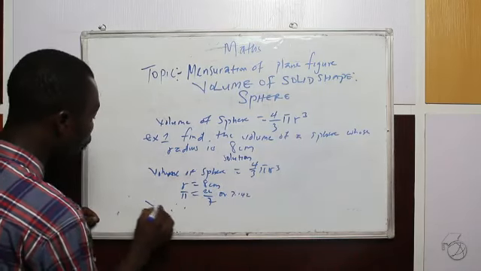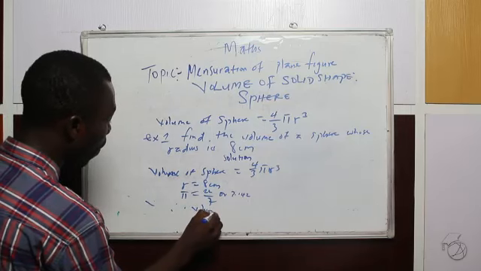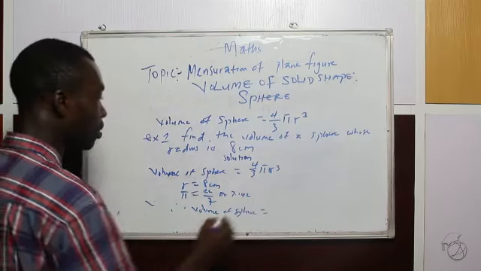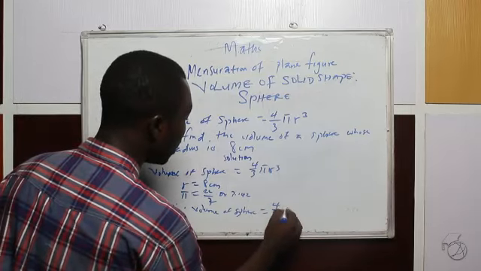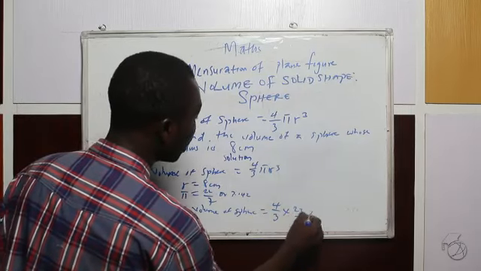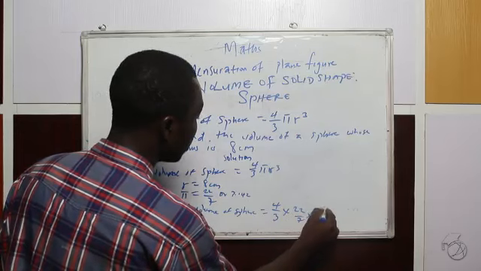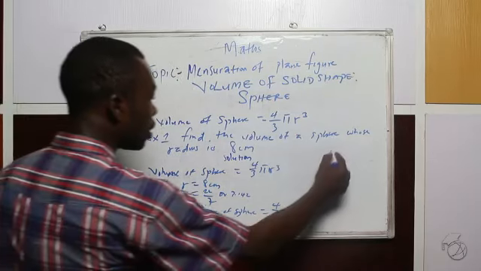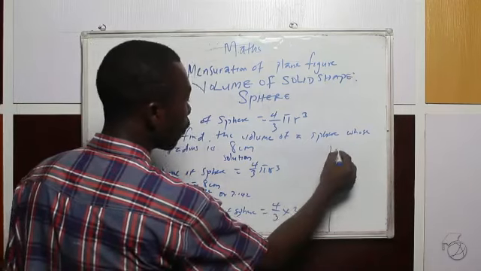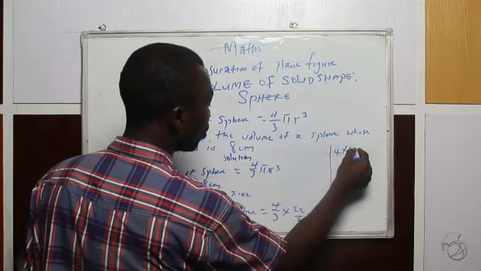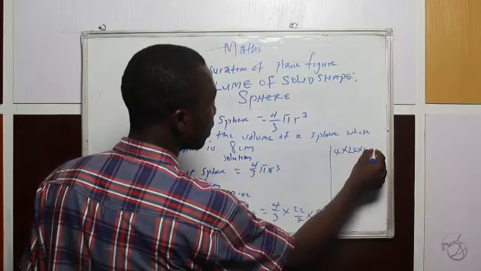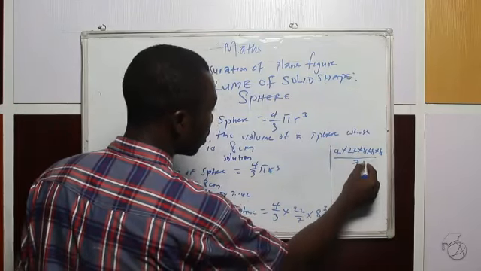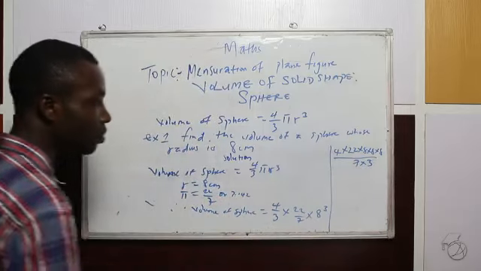Therefore, the volume of the sphere is 4 over 3 times 22 over 7 times 8 cube. Therefore, 4 times 22 times 8 times 8 times 8 over 7 times 3.